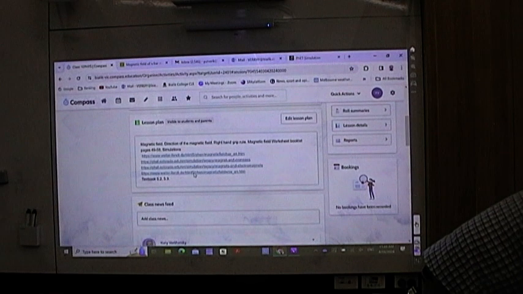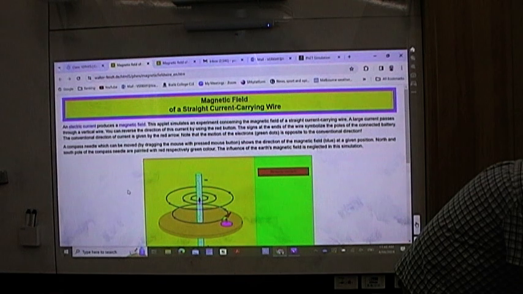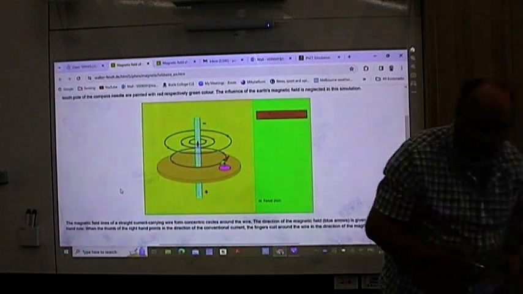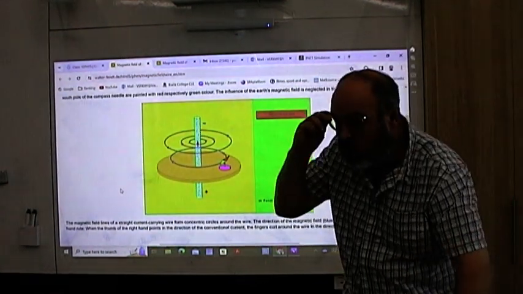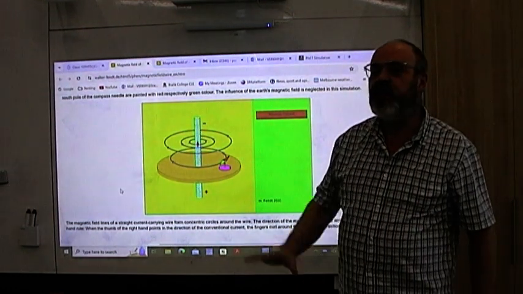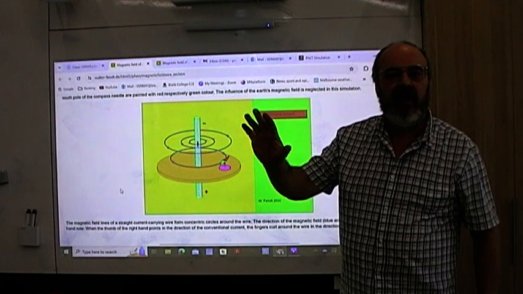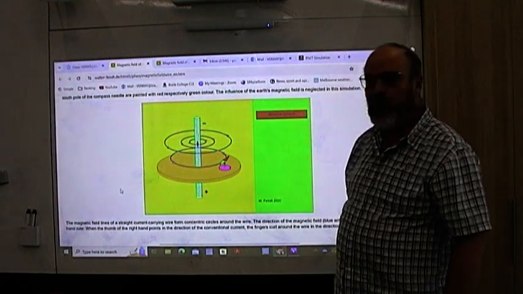And now let's see how we can find the direction of the magnetic field of the wire. Do the lines have to go through the middle of that? They should go through the magnet.